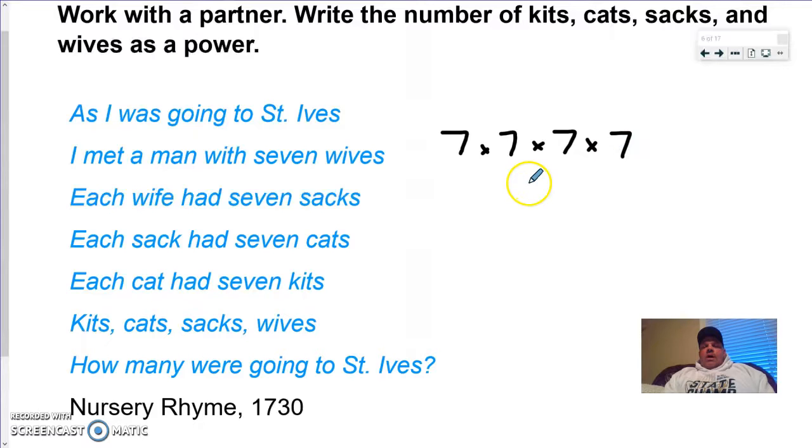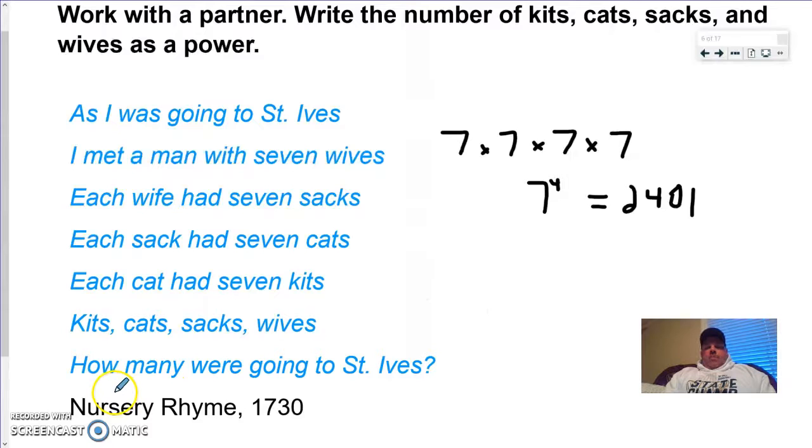So this is our actual power that we have, 7 to the 4th. And when you multiply 7 times 7 times 7 times 7, you will get 2,401. So there are actually 2,401 kits, cats, sacks, and wives.